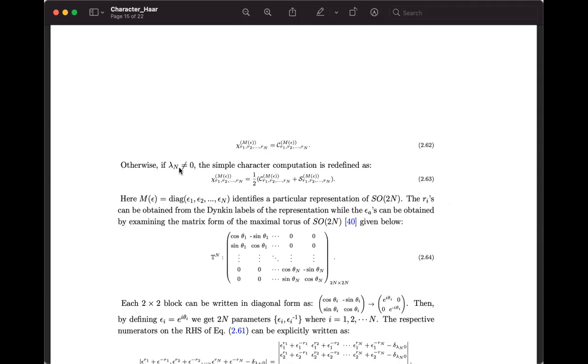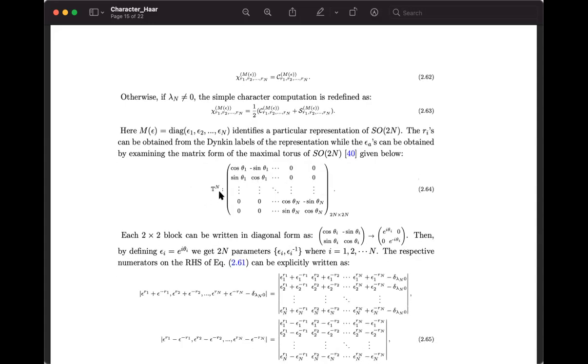But if the lambda n is not equal to 0, then the character computation is redefined as an average of C and S. So here the Tn is written as in this 2n by 2n matrix. Okay, and again you can parameterize this in terms of the diagonal e to the i theta, e to the minus i theta i, which is again redefined as the epsilons.